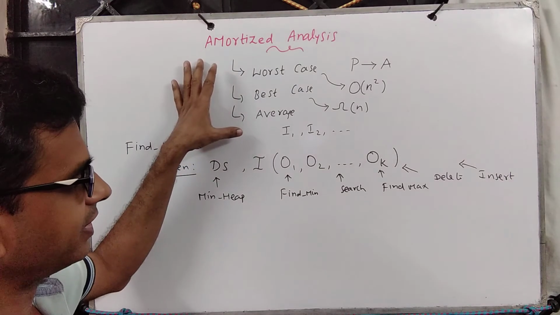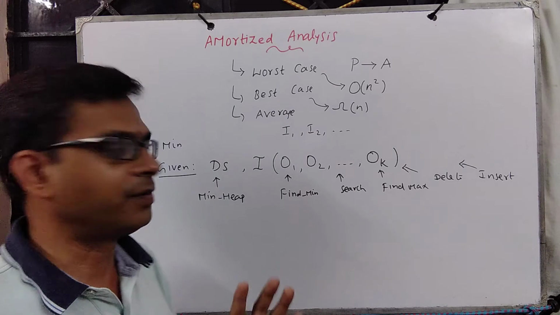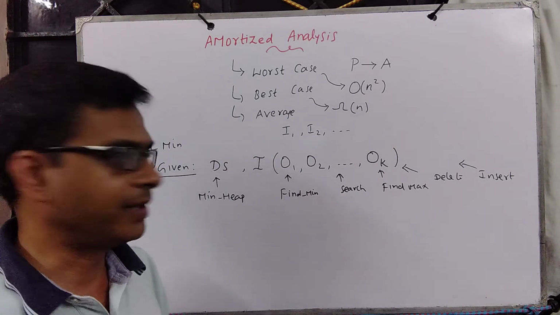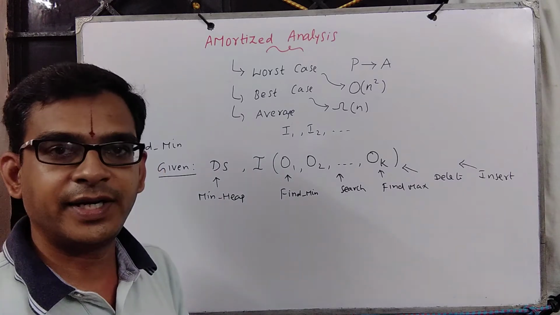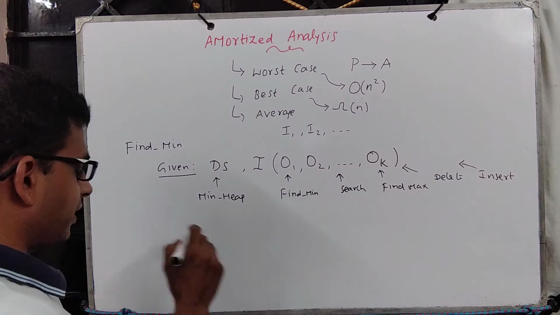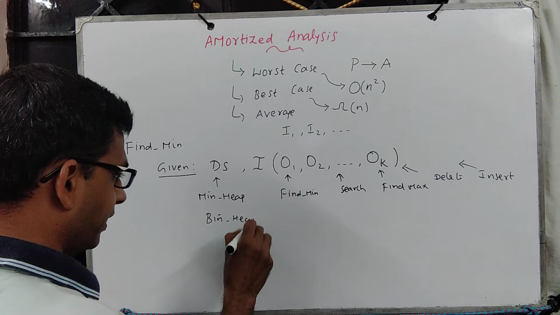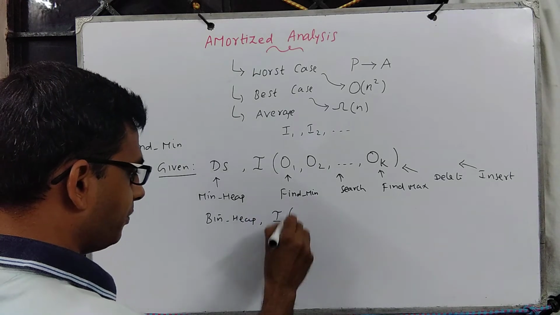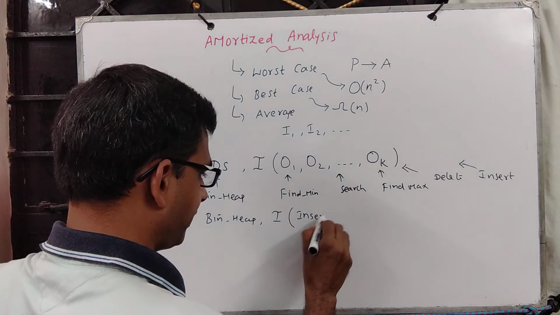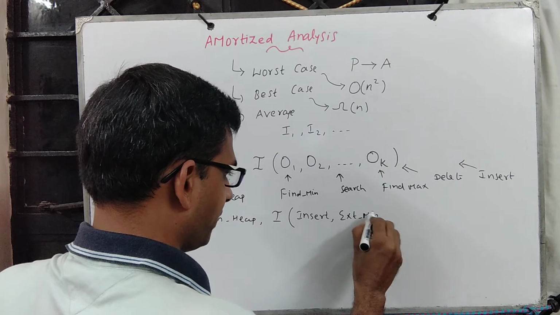So far, in classical analysis, we focus on a data structure and one specific operation. What is the complexity of, say, extract minimum in a binomial heap? What is the complexity of delete min in a binomial heap? But we have not analyzed this: given a binomial heap and an input sequence, I insert an element into a binomial heap, and perform extract minimum.